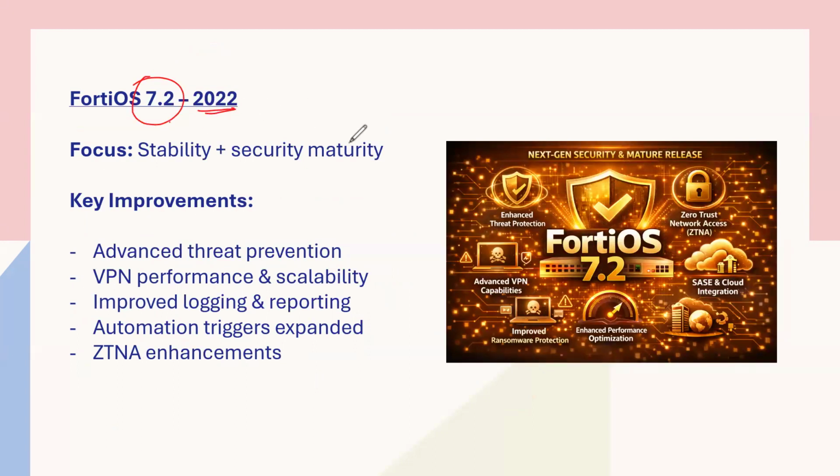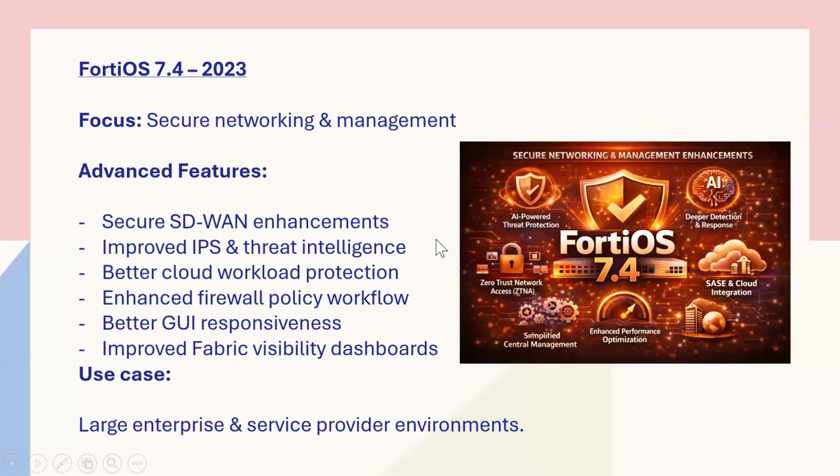7.2, year 2022. What it does: stability and more security, advanced threat protection, VPN performance, scalability, improved logging, automation, and like what we have discussed, zero trust network enhancement in FortiOS 7.2. Then 7.4: secure networking and management.